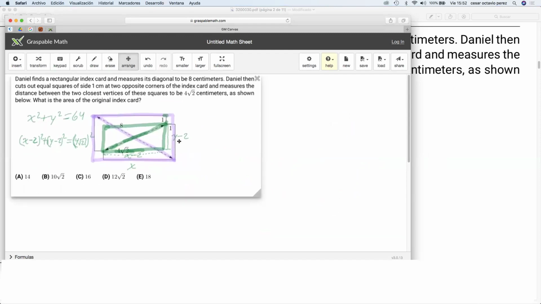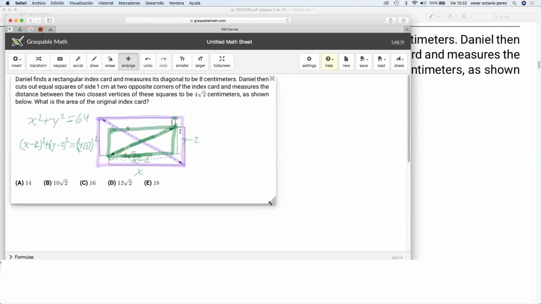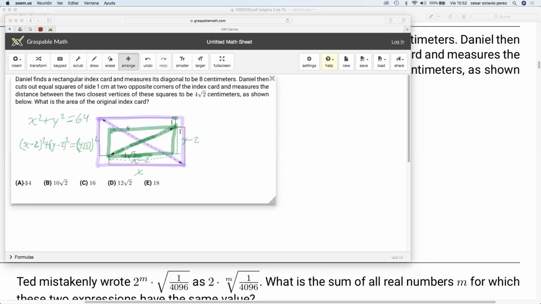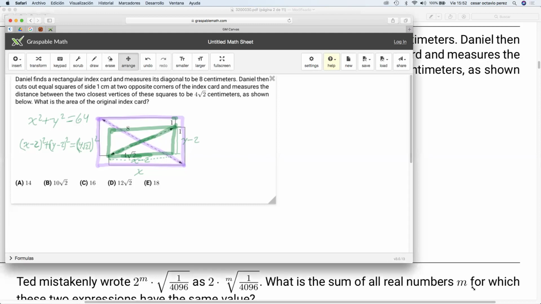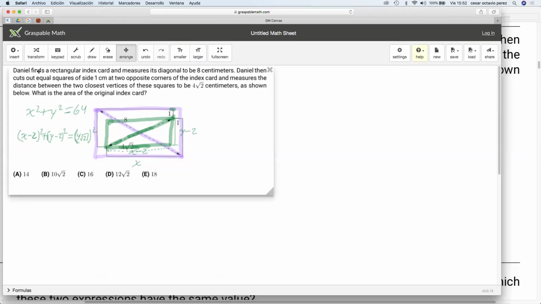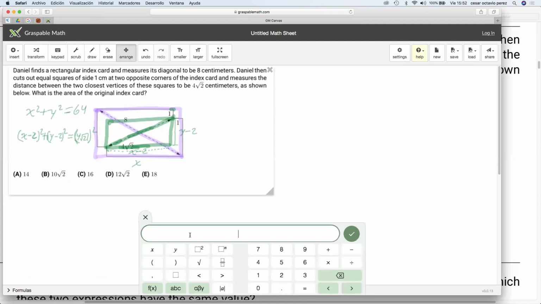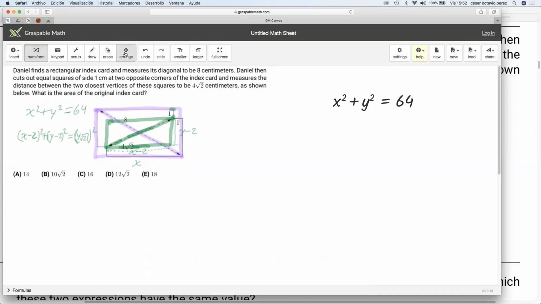So we have 2 equations. I don't know if we already used Graspable Math. X squared plus y squared equals 64. This is our first equation.